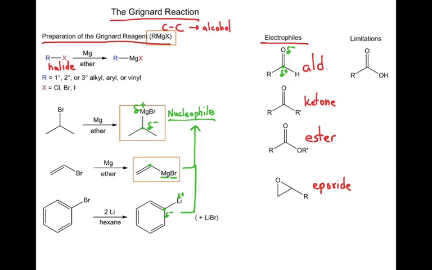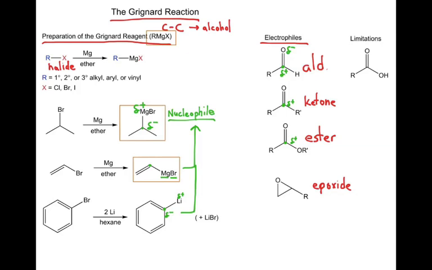So the electrophilic atom is the carbon of the carbonyl, and that's the case for the aldehyde, the ketone, and the ester. So in each of these cases, here at the ketone, this carbon, I'm marking in green, is electrophilic. It has a partial positive charge. Same for the ester, the carbon of the carbonyl has a partial positive charge.